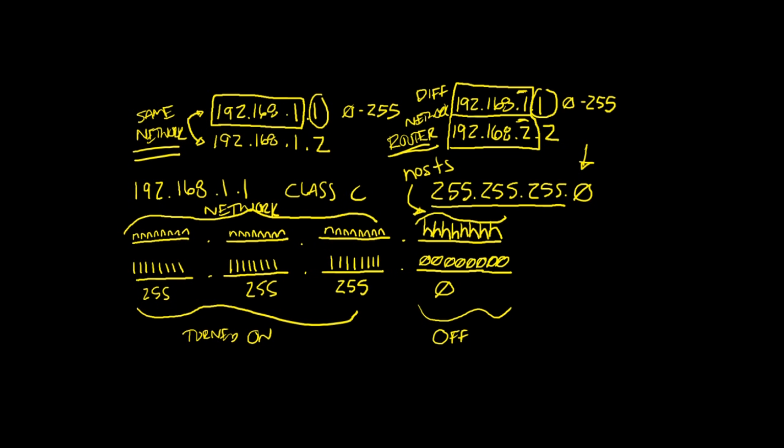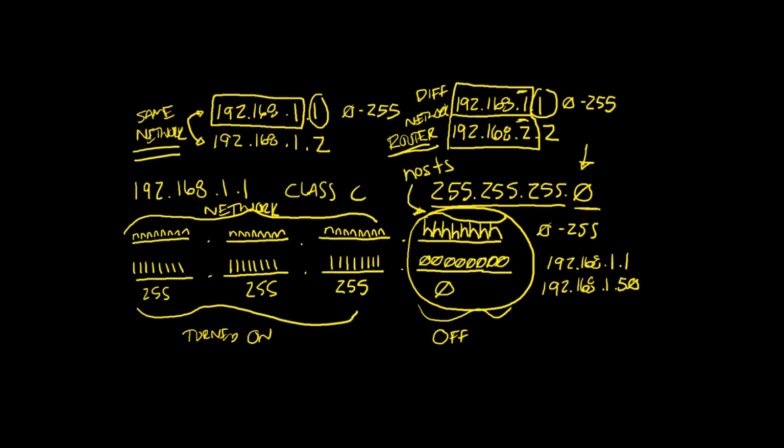Now remember, because we have this 0 here, and we have a range because of that, because we have all of these host bits to work with, we have a full range of 0 to 255. 192.168.1.1 and 192.168.1.50 are still both within the range of 0 to 255.